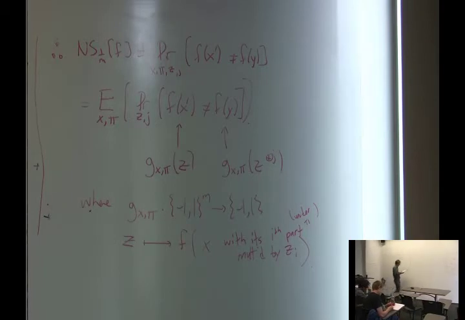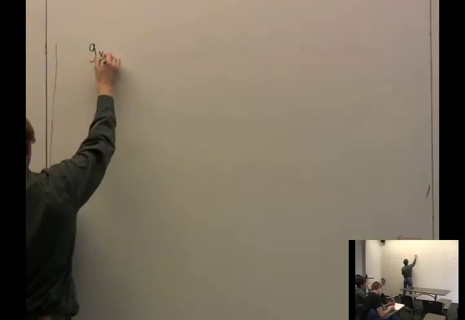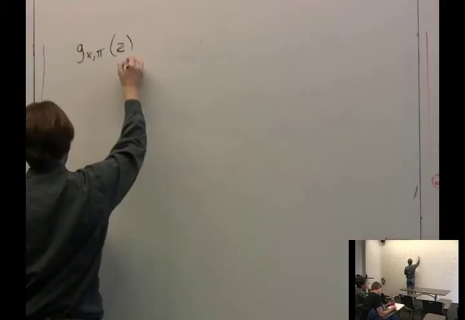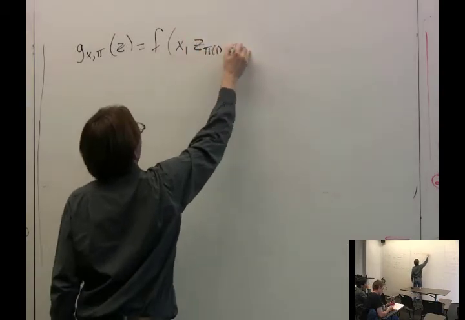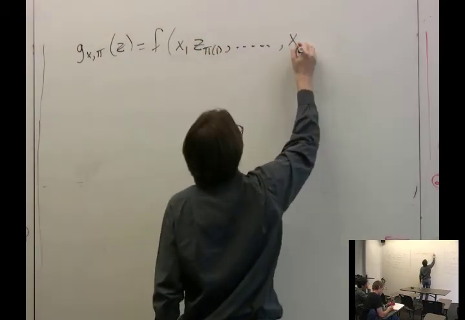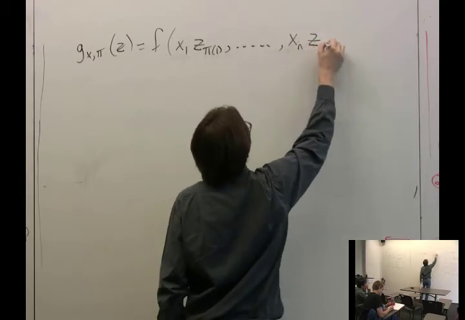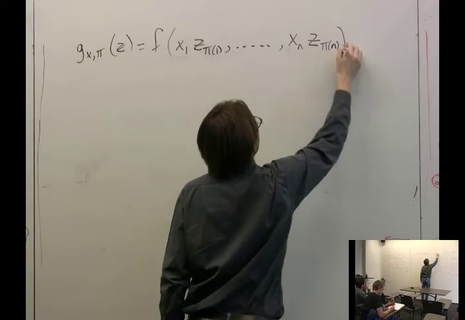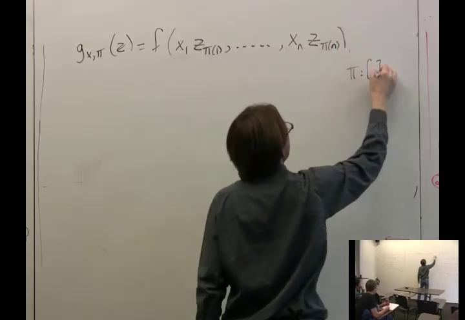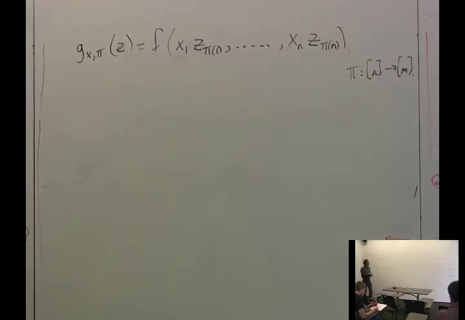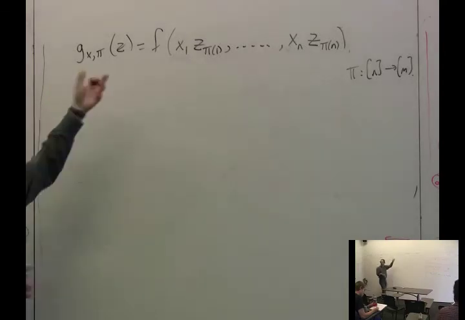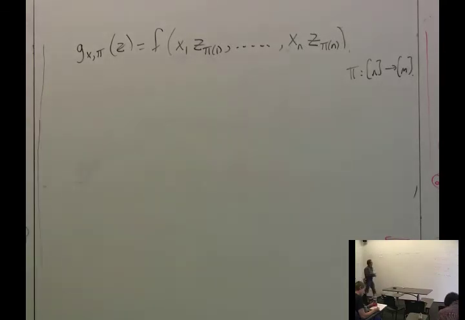To write it mathematically, another way to define g sub x pi on a string z is f of x1 times z pi of 1 through xn times z pi of n, where you think of pi as a mapping from n to m. Remember here x and pi are fixed. The z's are the variables. So that's exactly x prime.